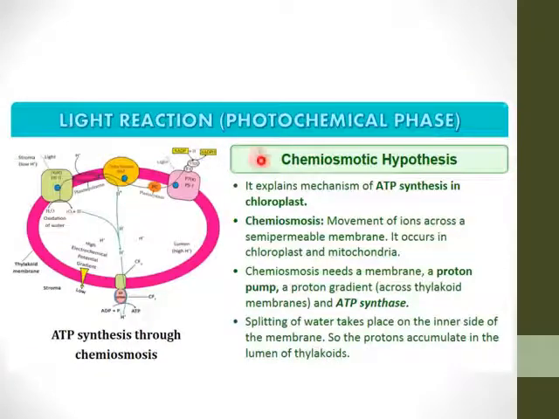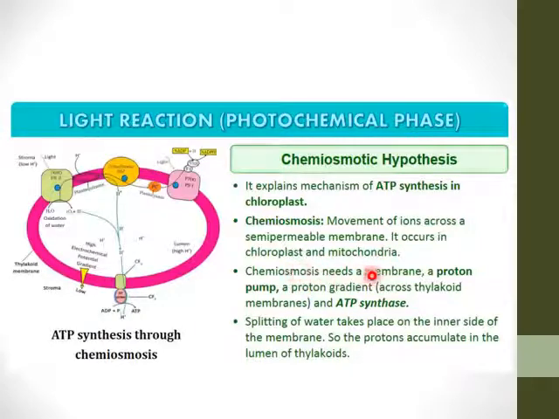Next in the light reaction phase is the chemiosmotic hypothesis. It explains the mechanism of ATP synthesis in the chloroplast, as we have discussed in respiration too. So chemiosmosis, the movement of ions across a semi-permeable membrane, occurs in the chloroplast as well as in the mitochondria.